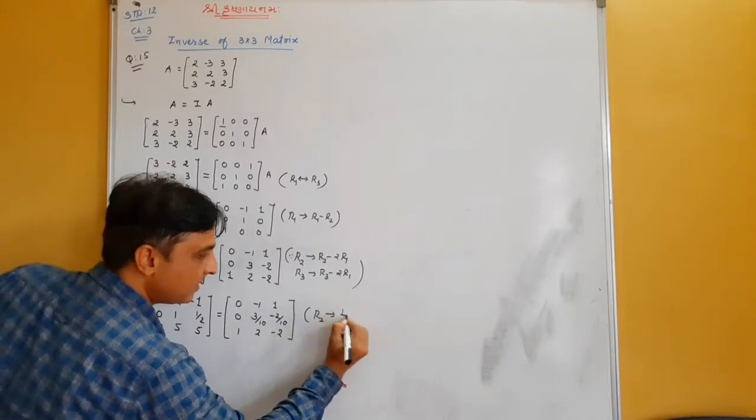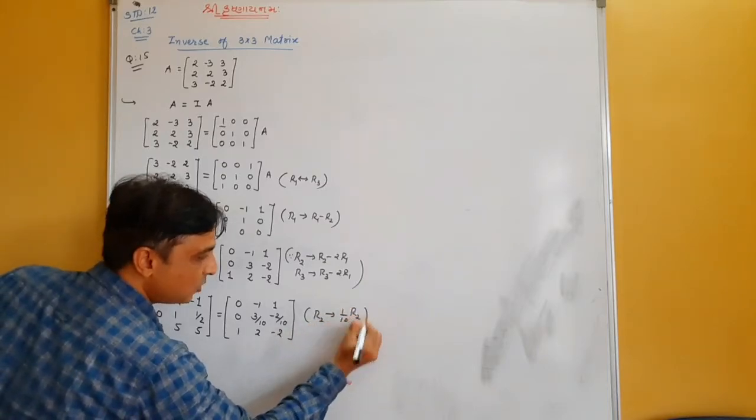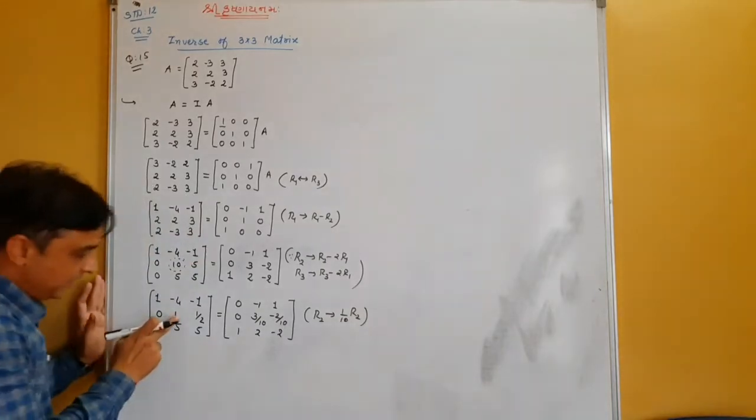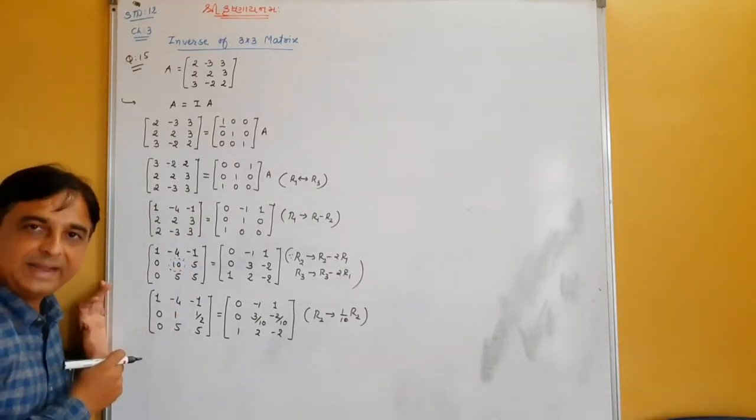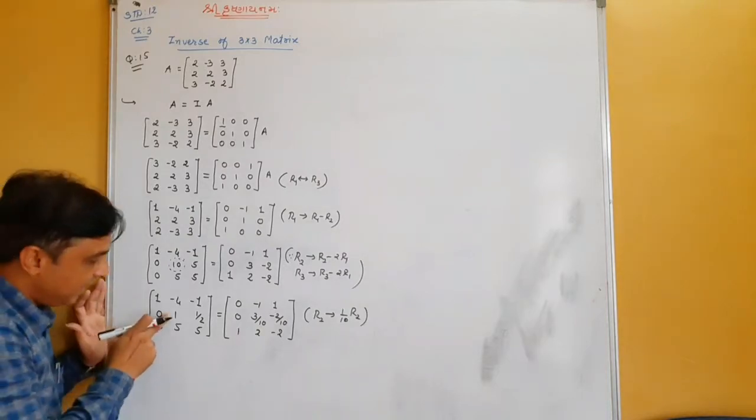R2 becomes 1 by 10 R2. So the second row is multiplied by 1 by 10, means divided by 10. We have a 1.